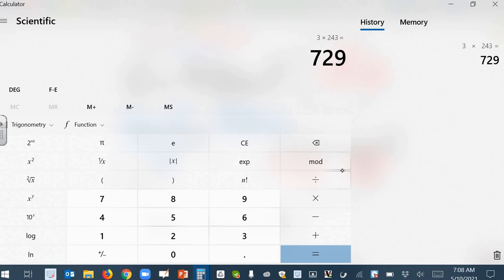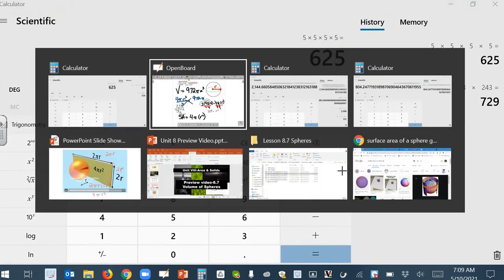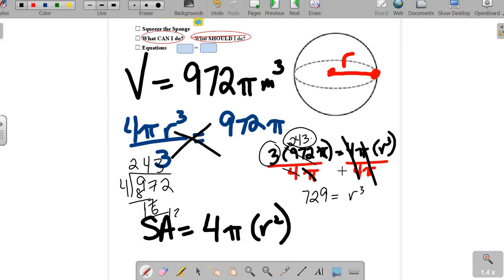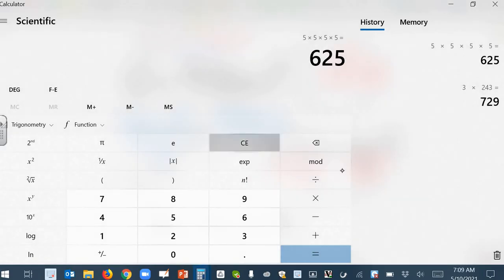5 times 5 times 5 is 125. So you should know that 10 cubed is 1,000. So obviously this is right above 625. So let's try 7.